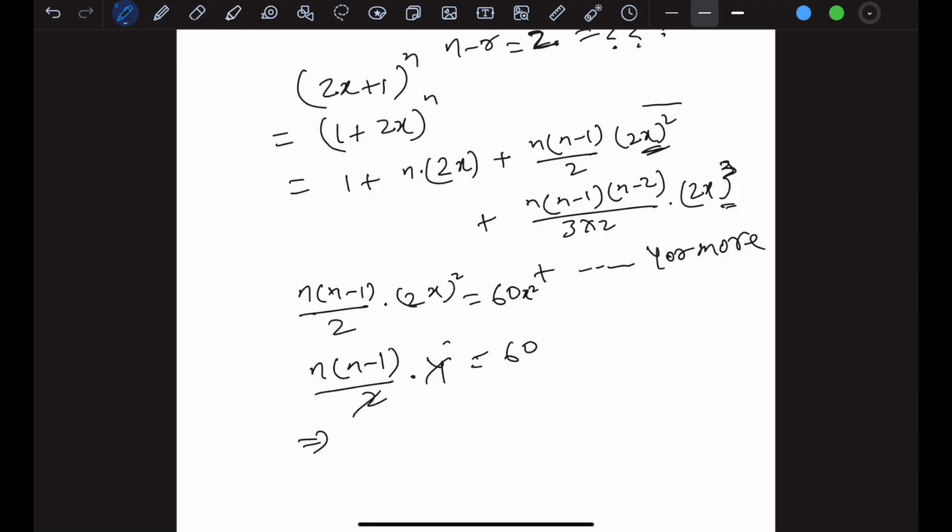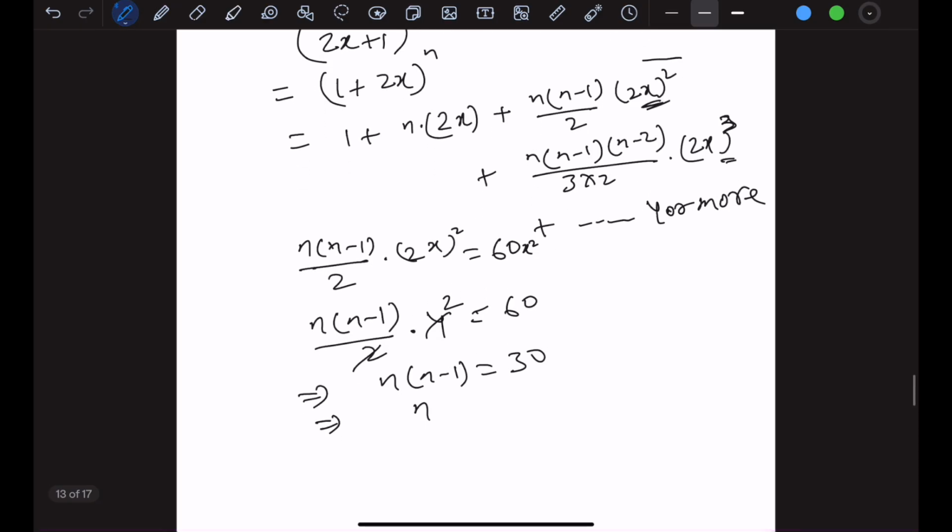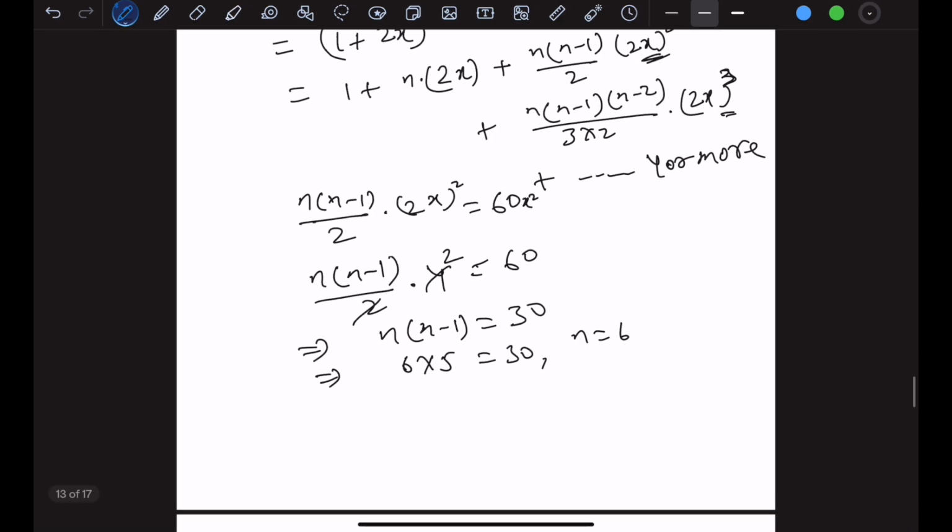Okay, this cancels out. So the right side will become, 2 will go down, it will become 30. n into (n minus 1) equal to 30. This is a quadratic equation, so basically n will have two solutions. One we can easily see. We know that 6 into 5 is equal to 30. That means n equal to 6, right?